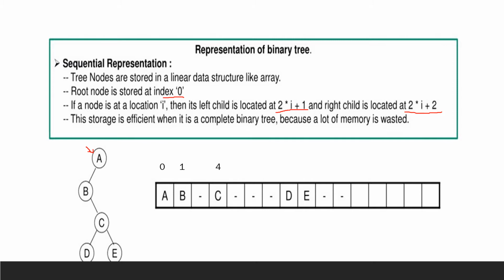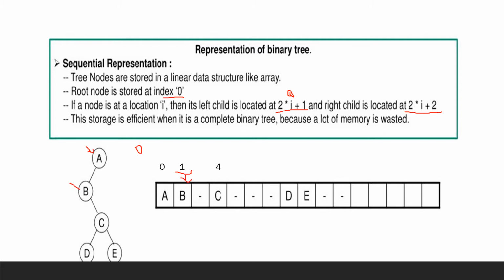Now the I value is 0 because A is at position 0. Okay, the left child should be stored at 2 star 0 plus 1th location. That is 2 star 0 means 0, plus 1 is 1. So at position 1, the left child of the A should be stored.